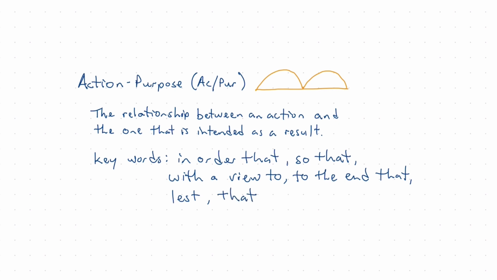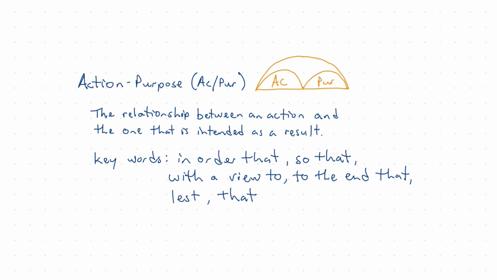So you can see there's a lot of crossover, and there will be crossover between categories, particularly between action result and action purpose, some of the same keywords. In the relationship of action and purpose, when we diagram this, we're going to come under the arcs, because this is a subordinate relationship, action, purpose, and then we're going to draw one arc over the top to say that these two propositions are in the relationship of action, purpose.